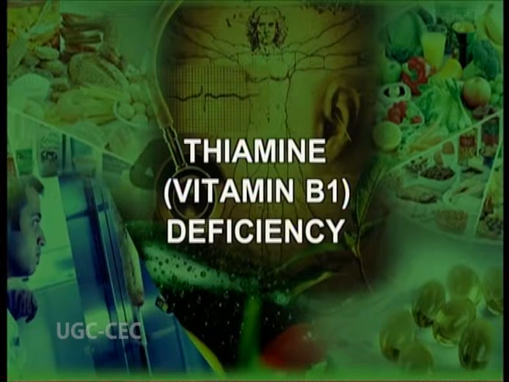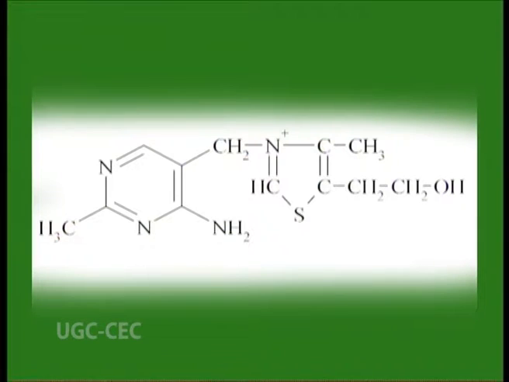Thiamine, that is vitamin B1 deficiency. Thiamine, named as the thiovitamine, that is a sulfur containing vitamin, is a water soluble vitamin of the B complex. First named aneurin for the deleterious neurological effects if not present in the diet, it was eventually assigned the generic descriptor name, that is vitamin B1.